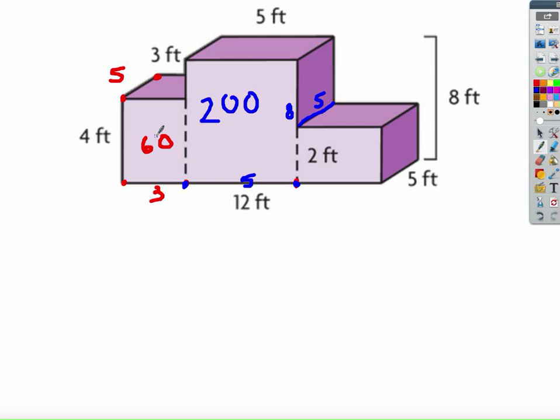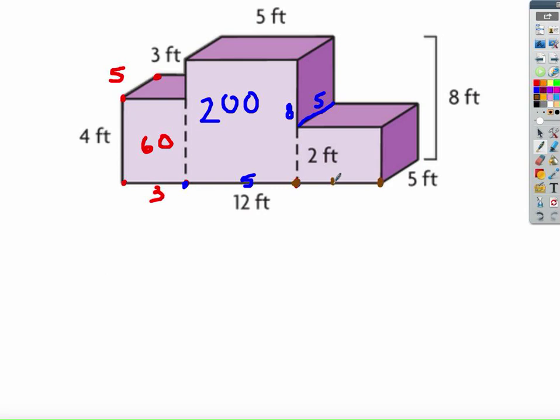So we know this little one is 60 cubic feet, this one's 200 cubic feet. Now we've got one more to find here. Once again we need to know a length from here to here. Now I look up and I don't see anything to help me out there, so I have to do a little bit of math. I know this whole length here is 12 feet, and from here to here is 3, here to here is 5, that's 8.